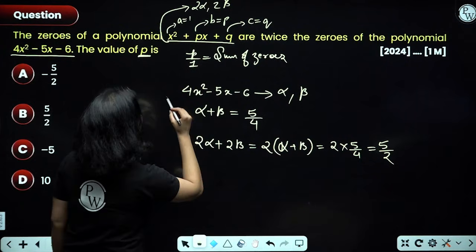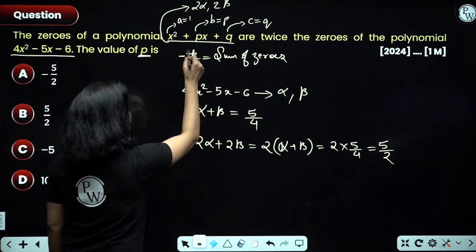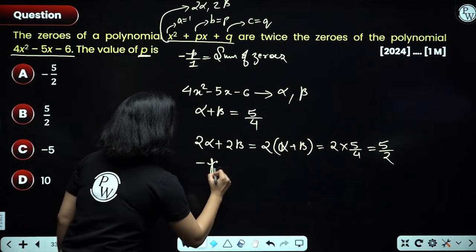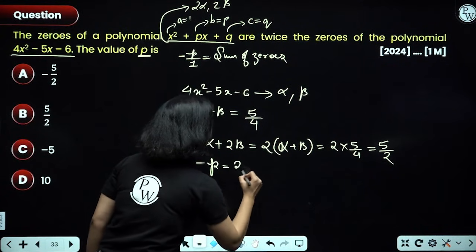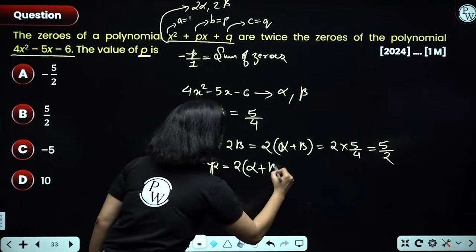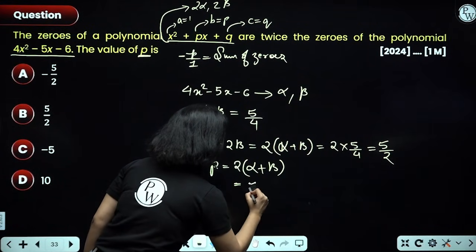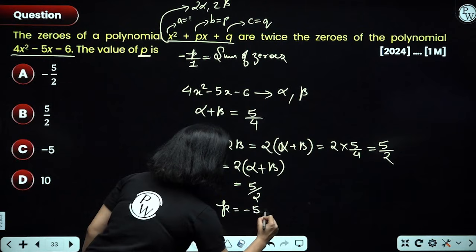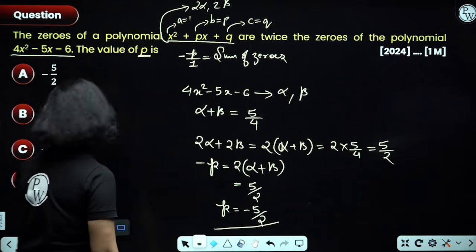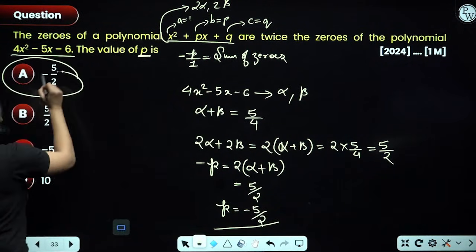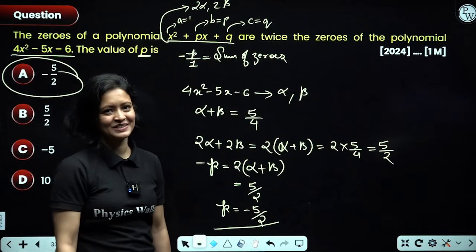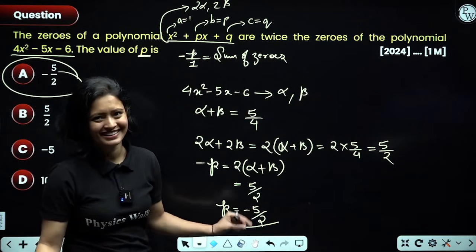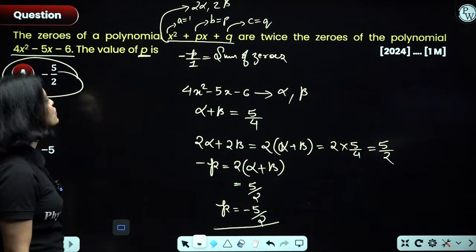So, from here I can say that here we'll have minus. I forgot the minus sign. Minus of p would be equals to twice of alpha plus beta, which would be equals to 5 by 2. So, p is equals to minus 5 over 2. That's your answer. Option number A is the correct answer, guys. Simple, basic, right? Okay, let's move on to this problem here.